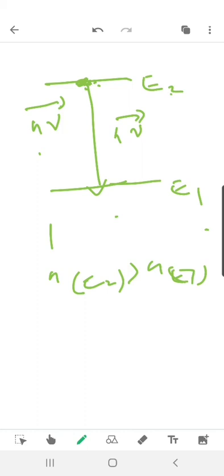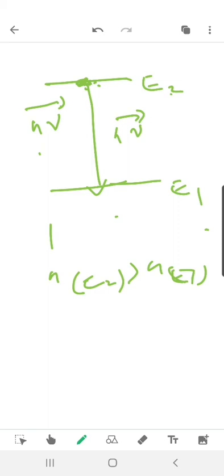Fine. A system in which population inversion is achieved is generally termed as active system. So when we say that our laser is on, it means that actually laser is in active state.